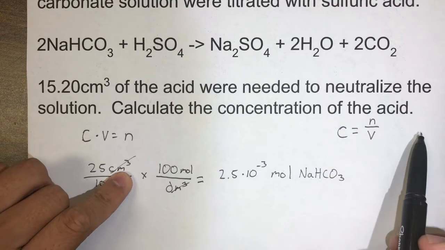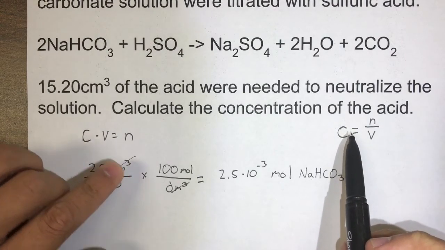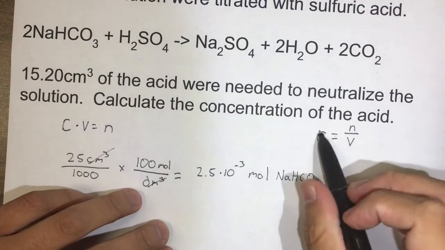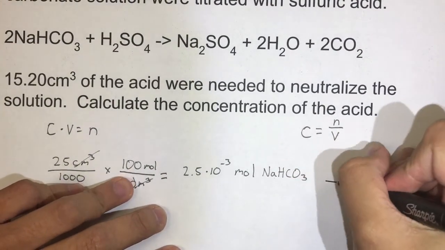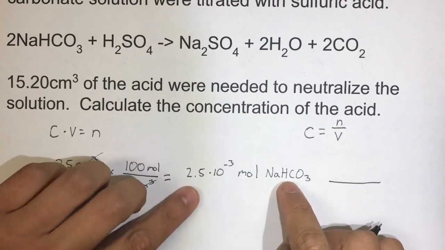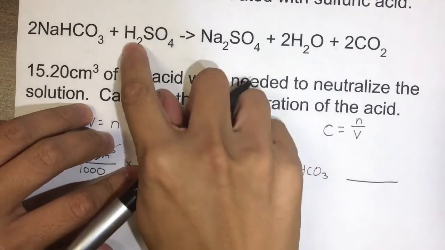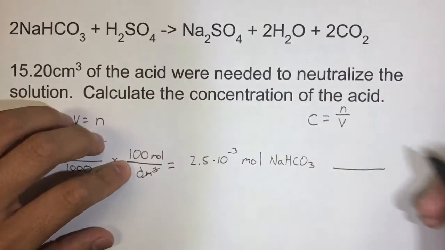Again, we're trying to find the concentration of the acid, so this value here. They already gave us the volume of the acid, so we just need to find the moles of acid to plug into this equation. Since we have the moles of baking soda, we can use the balanced chemical equation to figure out a mole ratio to figure out the moles of the acid.